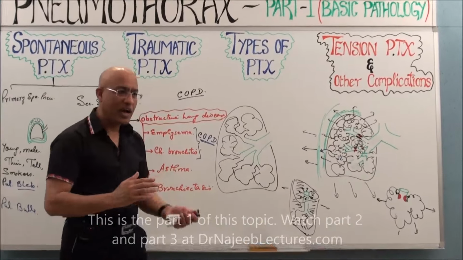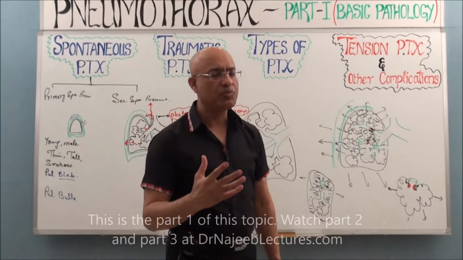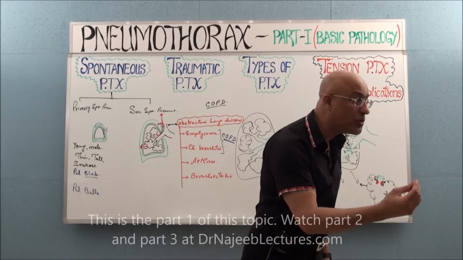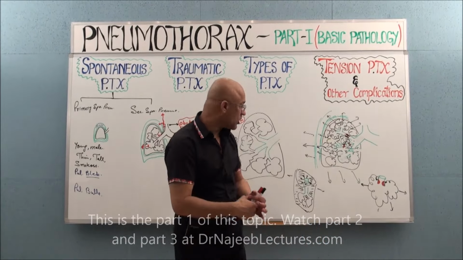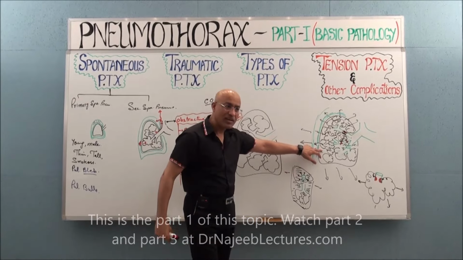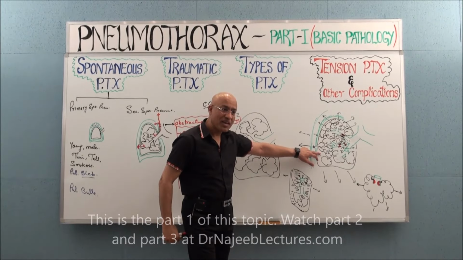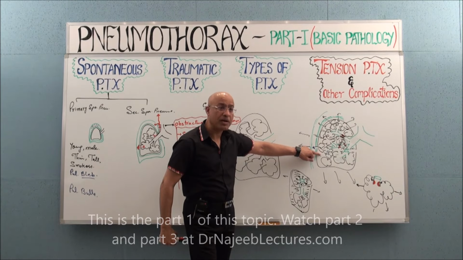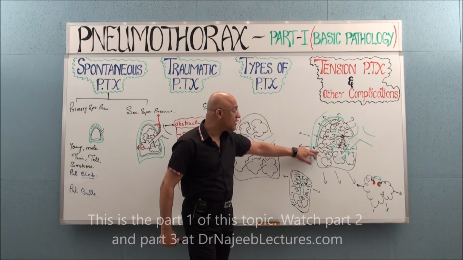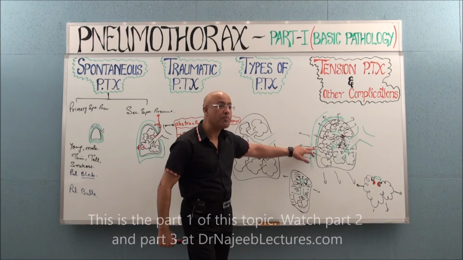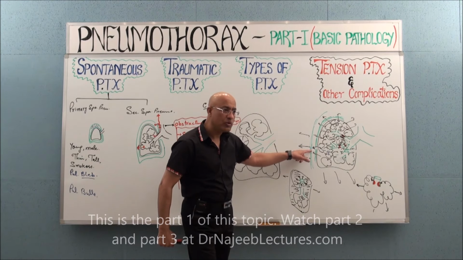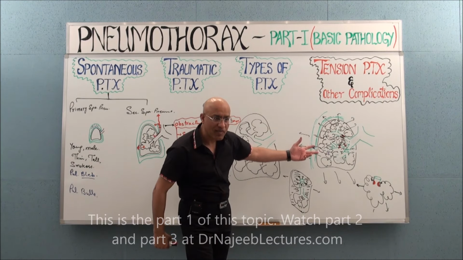Now you understand how a patient with obstructive lung disease has a predisposition for pneumothorax. Why? Because these patients have, number one, higher pressure in the alveoli, and some of the alveoli become highly pressured, and the delicate walls of the alveoli may rupture. And if it is just subpleurally, air will escape into the pleura and produce pneumothorax.